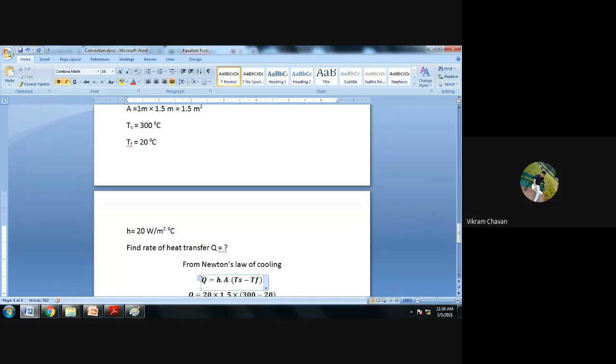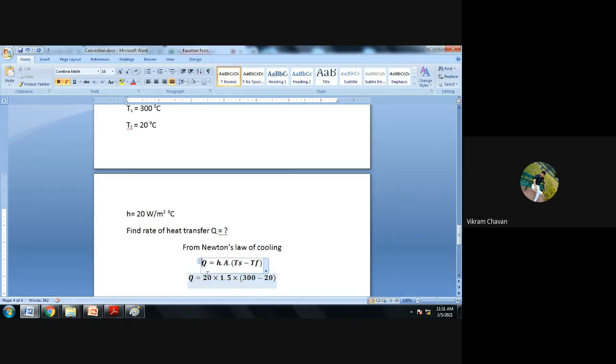Just put the values from the given data into this equation and find Q.